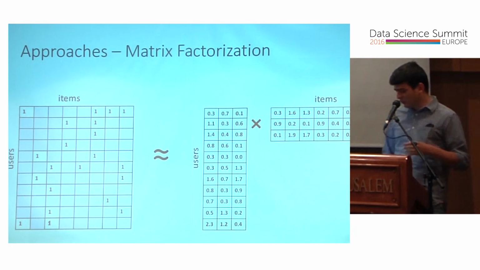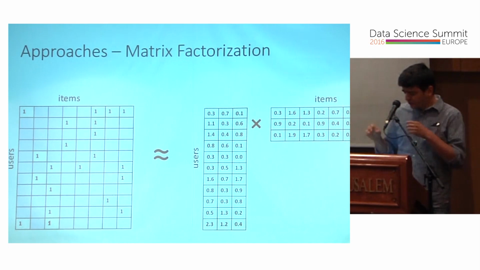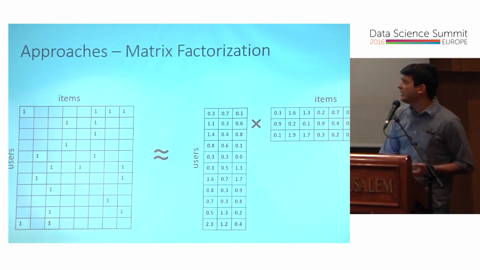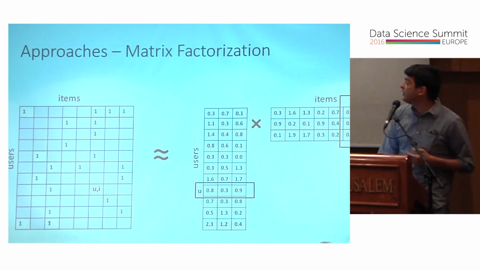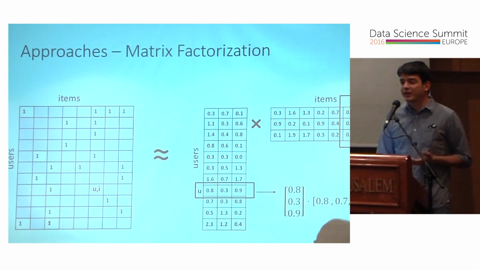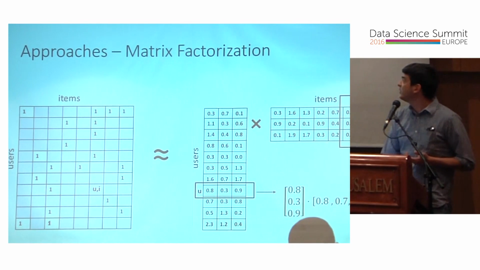And essentially what I'm doing is finding a low rank approximation to this full rank usage matrix. Once I've done that, I can predict any entry, let's say this entry corresponding to a user U and an item I, by the inner product of these 2 corresponding vectors in the decomposed representation. So I have an inner product, it spits out a number, and it tells me how much this user will like this item.